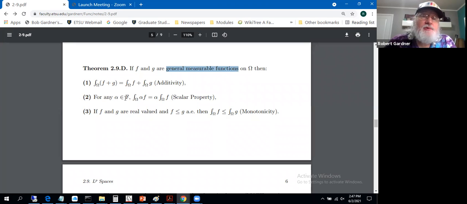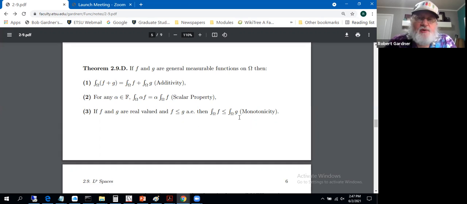For scalars coming from the field, be they real or complex, that's the fields we'll deal with, the integral of alpha f is alpha times the integral of f. Again, combining these two properties in this class of functions, we get the linearity behavior of an integral as usual, and we get the monotonicity to hold. If f is less than or equal to g almost everywhere, then the integral of f is less than or equal to the integral of g.